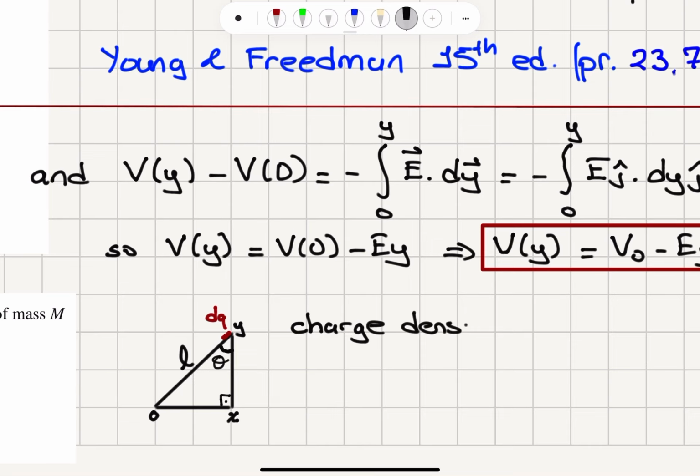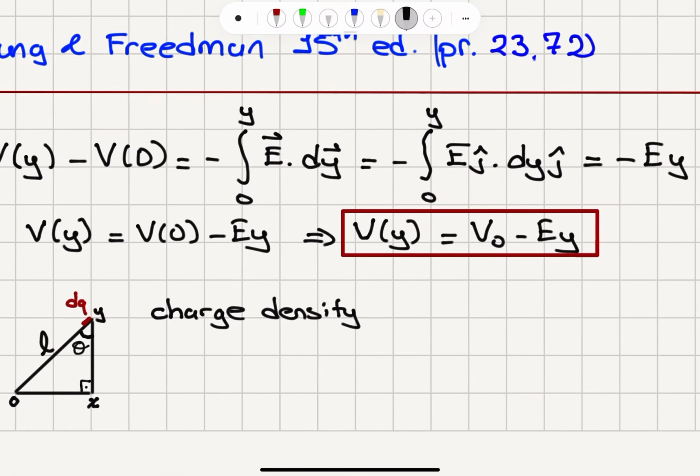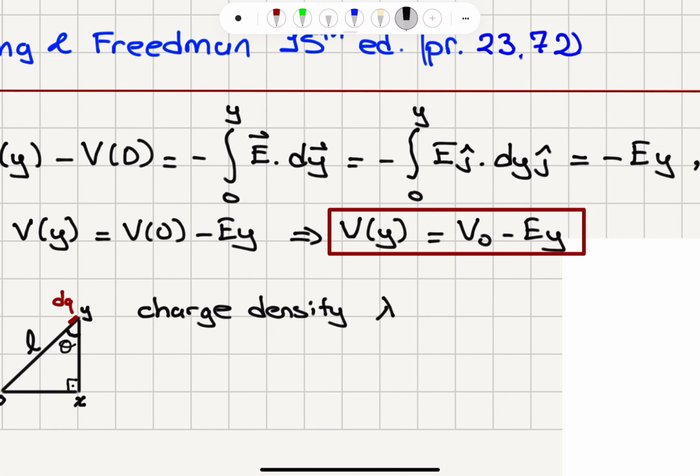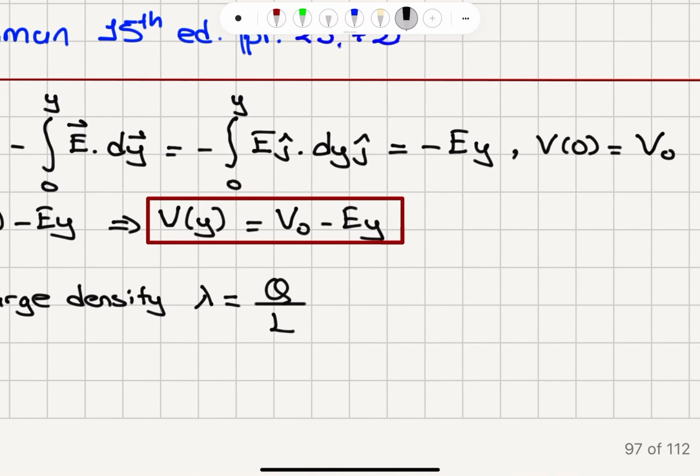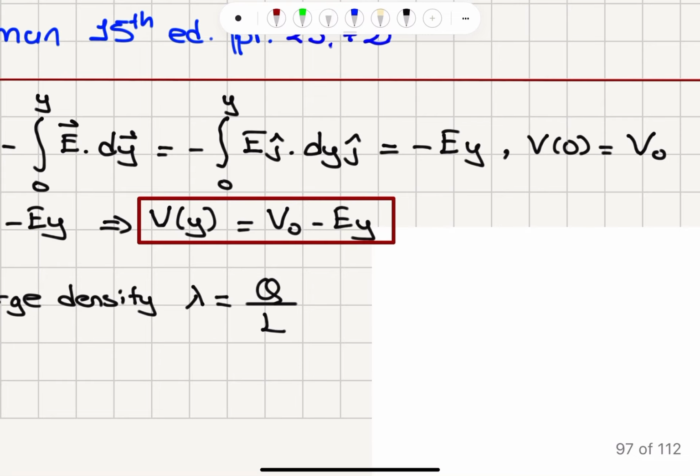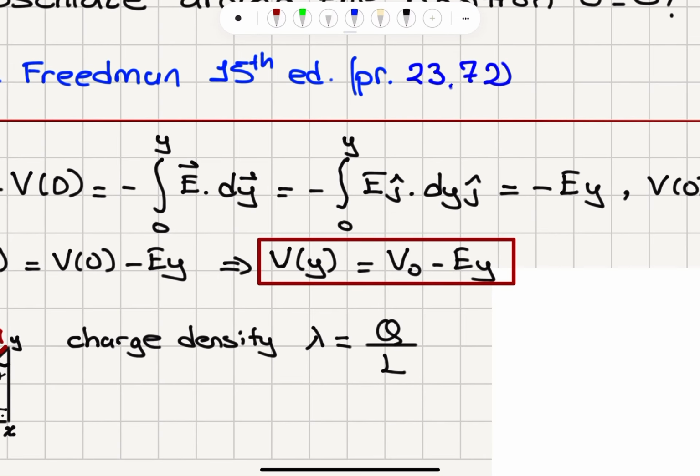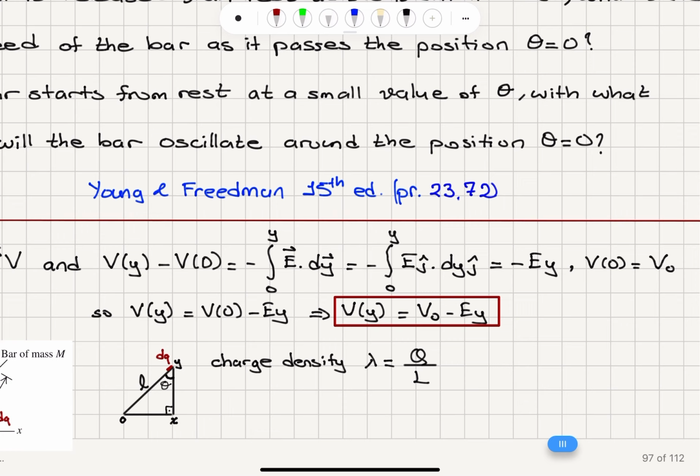This is a one-dimensional object, so this is basically the linear charge density lambda, which is the total charge Q divided by the total length of the bar L. And the infinitesimal charge dq will be equal to lambda times dl, which is basically an infinitesimal length.